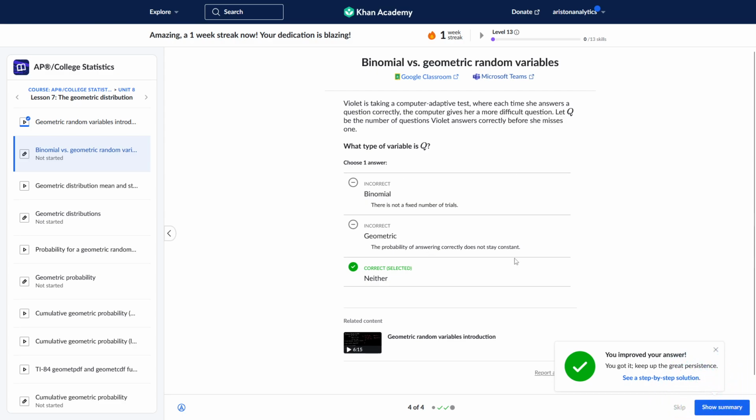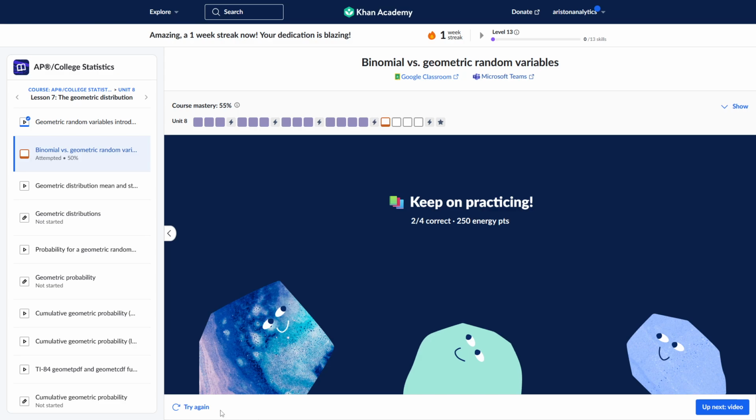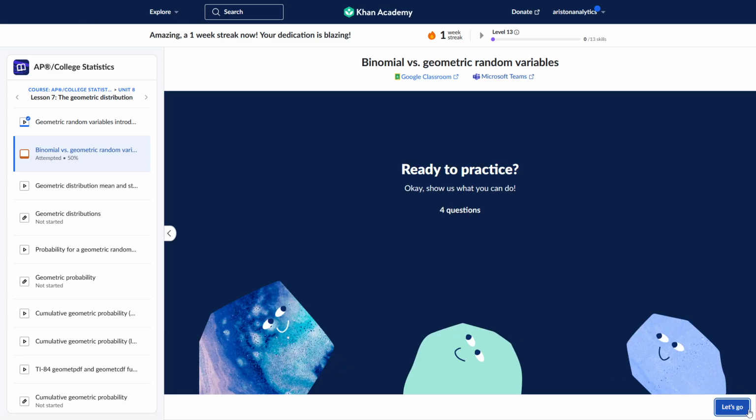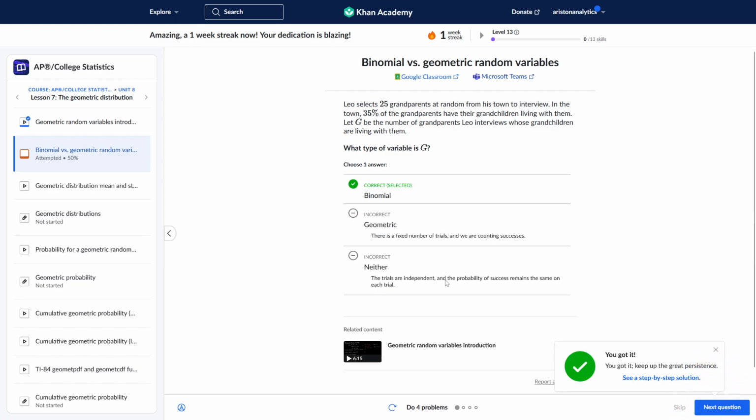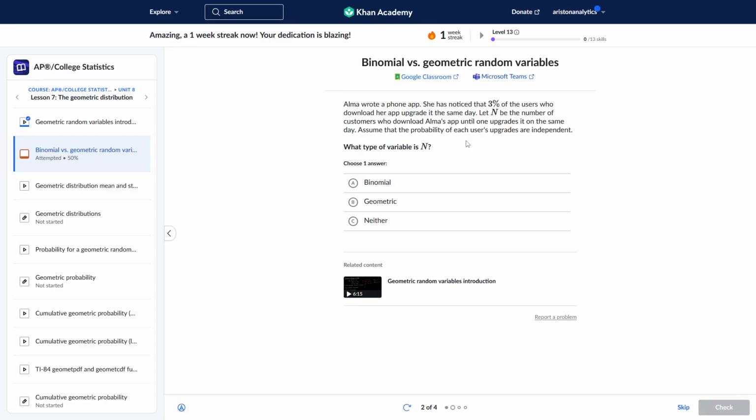Oh, missed that part. Okay, let's try again. No way, it's binomial. But it doesn't say anything about independence. Okay, it's kind of stupid, but okay. This is geometric, no way.